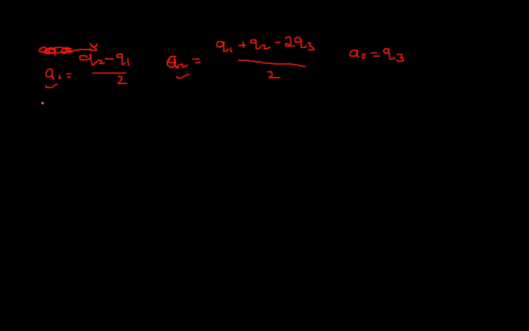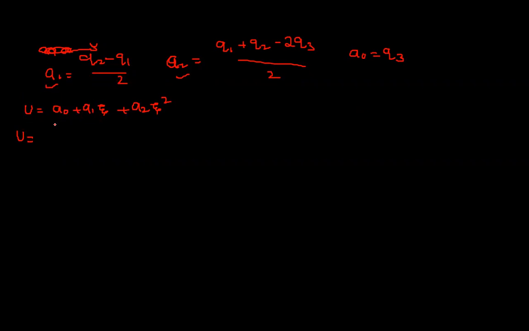I would like to recall the assumed interpolation function: u equals a naught plus a1 times zeta plus a2 times zeta square. This is the assumed interpolation function, which has three constant values. I solved the three constant values in terms of the nodal displacements.